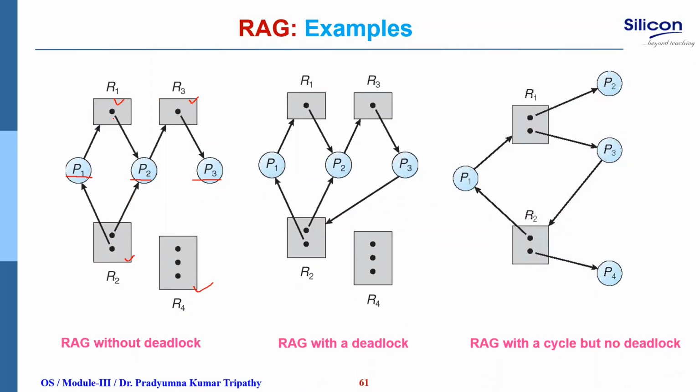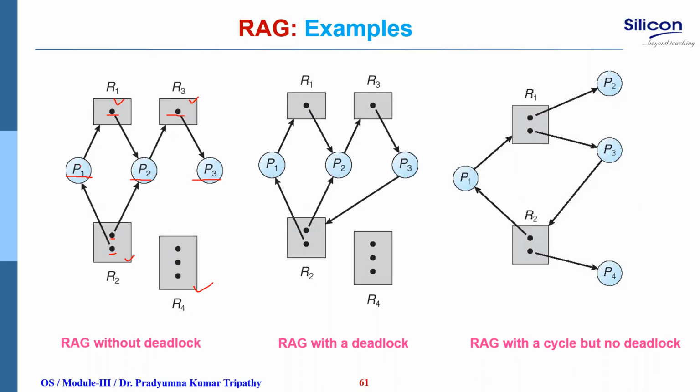Correct? There is 1 instance of R1, 1 instance of R3, and 2 instances of R2. None of these 3 processes are requesting the R4 resource.